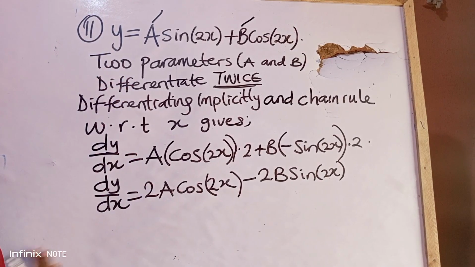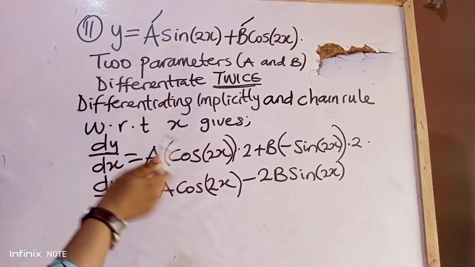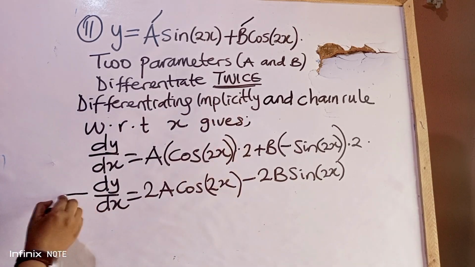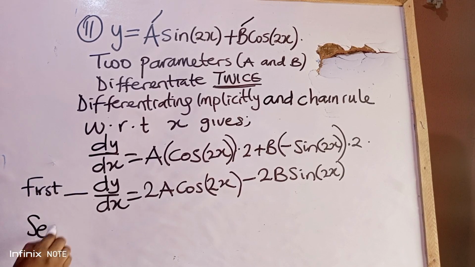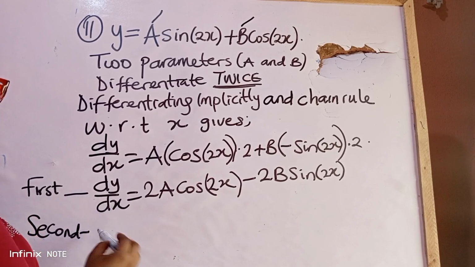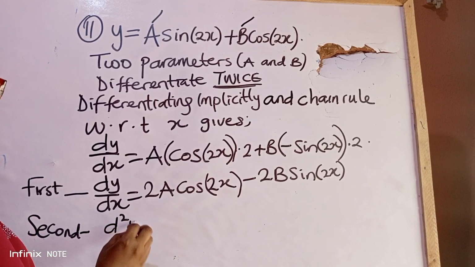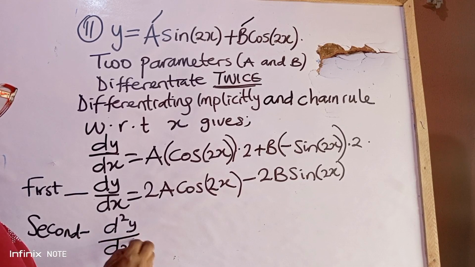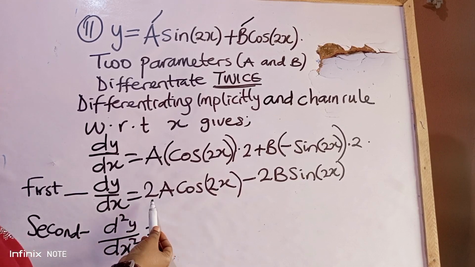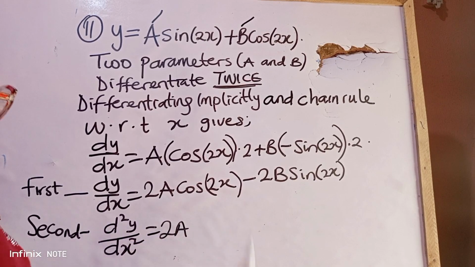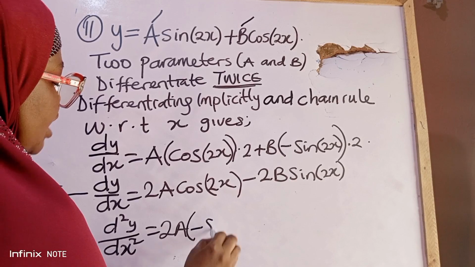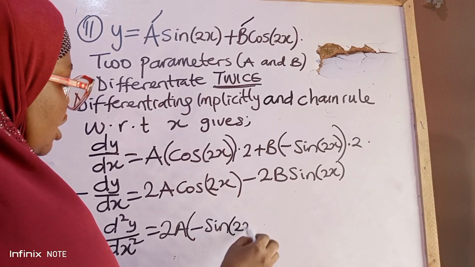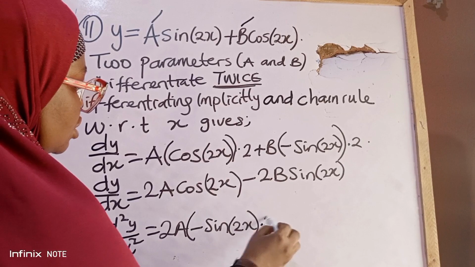So we want to differentiate this again, since we want to differentiate twice. The second differentiation: d squared y/dx squared equals 2A, that is constant, then differentiating cos gives minus sine 2x, and differentiating 2x gives 2.